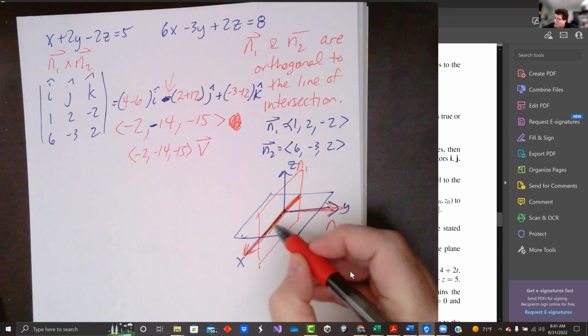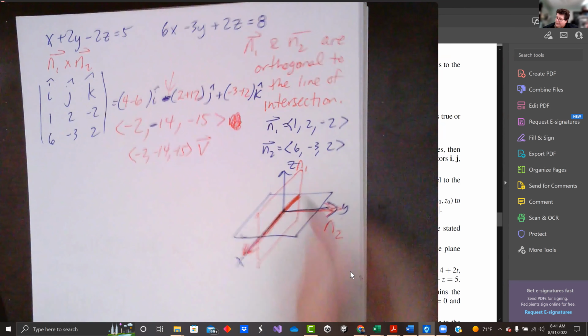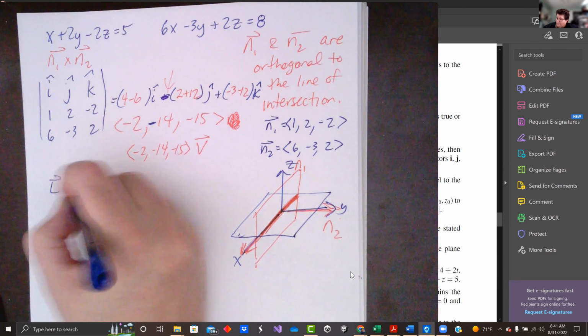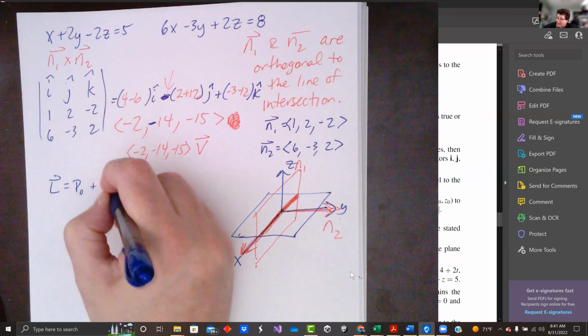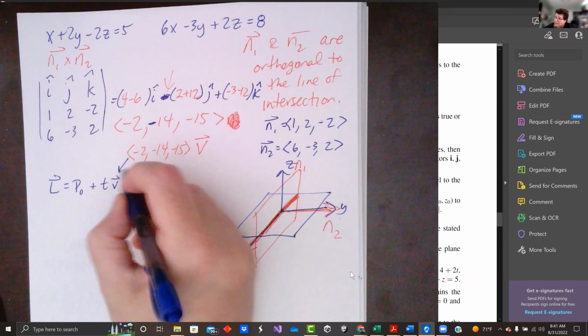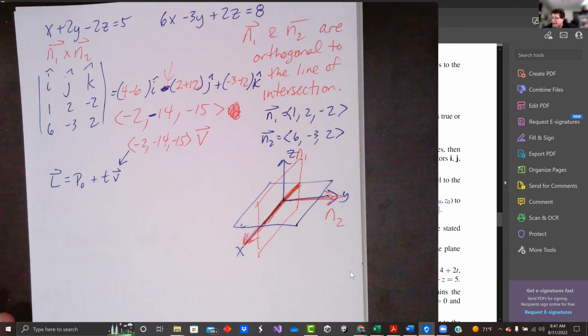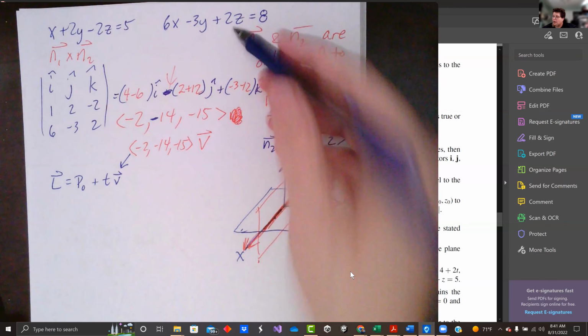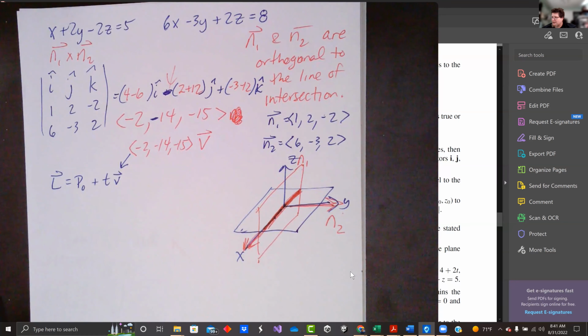And now we can write this line as L equals P naught plus tB, and we have our B. We just need to find a P naught. We need to find a value that exists on that line of intersection, so we're going to have to use both equations. An easy way to do it is to set one of the values to 0.